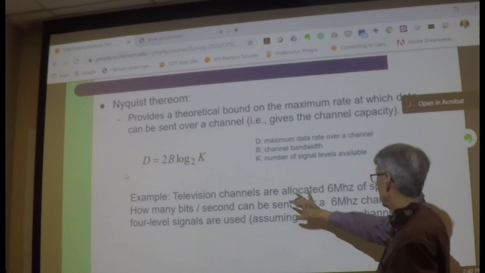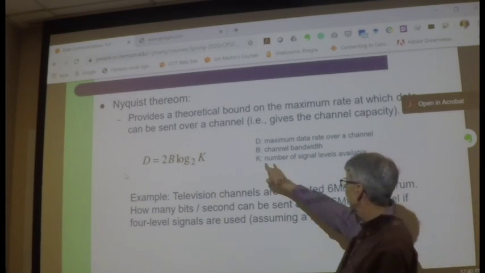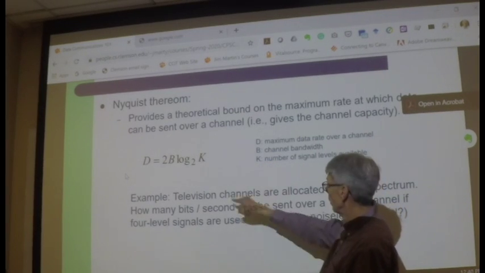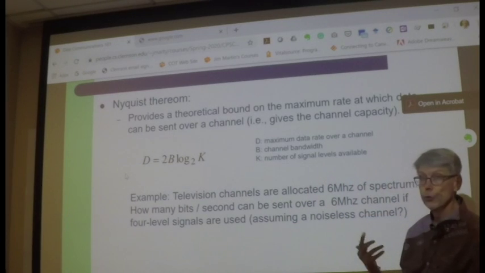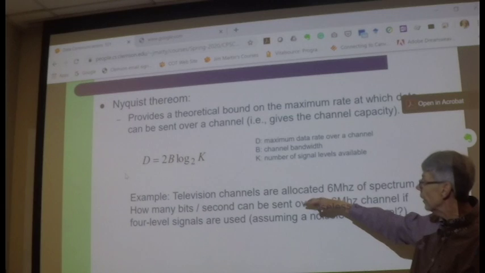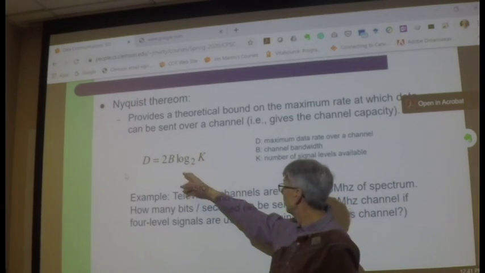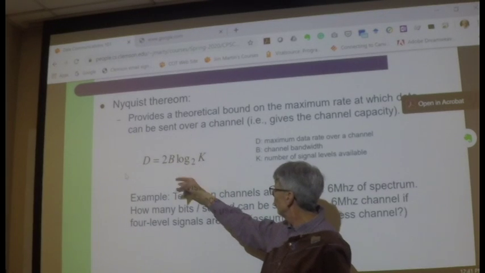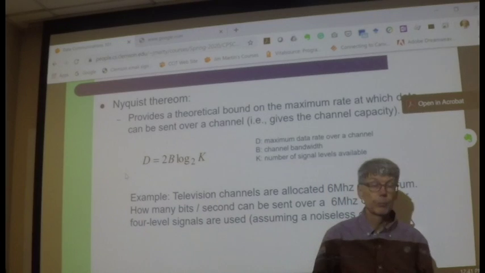So we'll say in the example, if K is 4, log base 2 of K would be 2. So the maximum data rate over this channel would be 6 times 2 times 2, so 24 megabits per second.